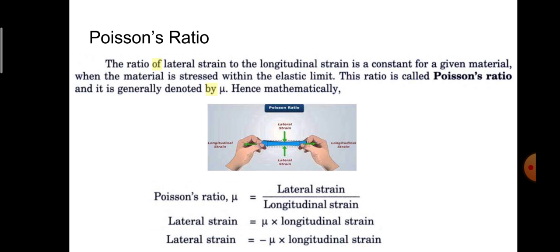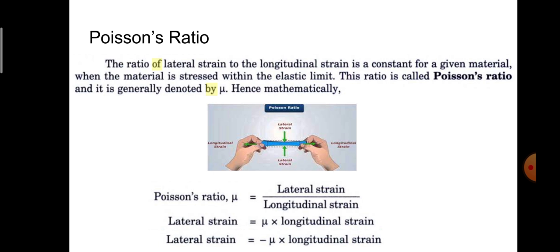So for most materials, the Poisson's ratio lies within the range of 0 to 0.5. Here you can observe mu is the Poisson's ratio. So lateral strain is equal to mu times longitudinal strain, and more precisely lateral strain is equal to minus mu times longitudinal strain.